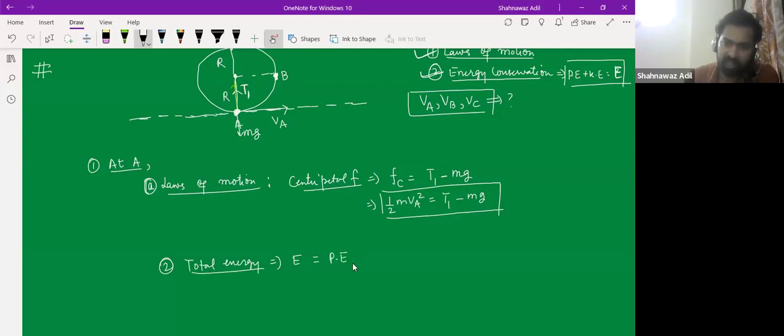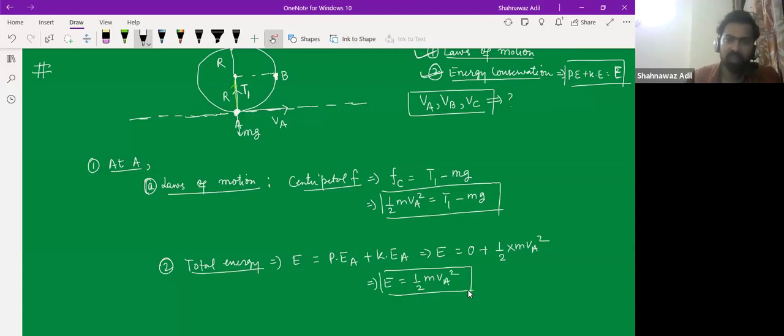Kinetic energy at A is half mva square. So total energy is half mva square, right, guys? Clear? So this is at A.